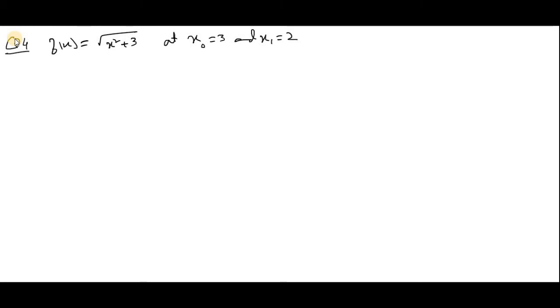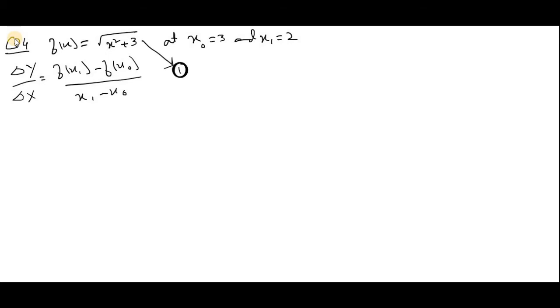Now using the formula for average rate of change, it was delta y by delta x is equal to f of x1 minus f of x naught whole divided by x1 minus x naught. Now the given function, this one which is marked as 1, is to be written in the form of x1 and x naught.